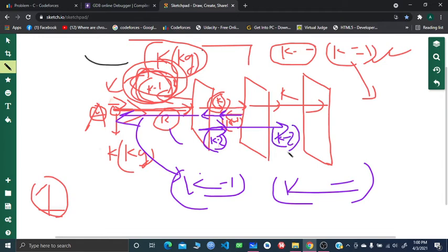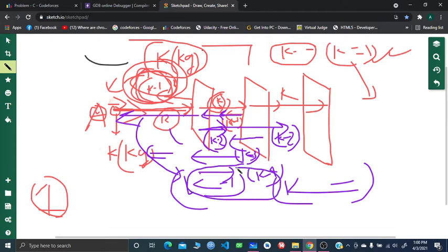But in doing so, it also creates another particle, k minus 3, which is going to go in the opposite direction. Also, it's going to come here, and it's going to pass through this barrier, but in doing so, it's also going to create a k minus 4 particle, which is going to go in a different direction. I hope you get what I'm trying to explain.